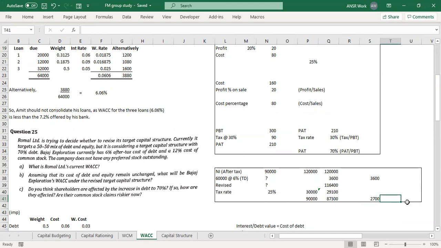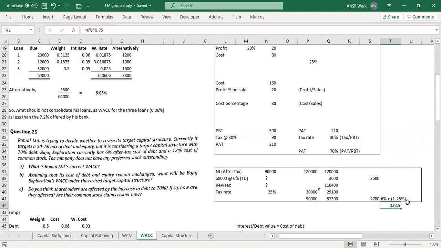Now, in the method that I told, simply do 6% into 1 minus 25%, 1 minus tax. That gives us how much? 4.5%, right?